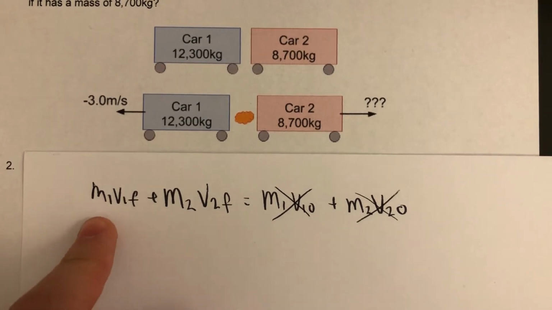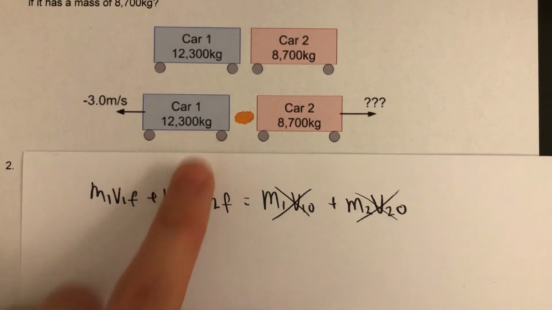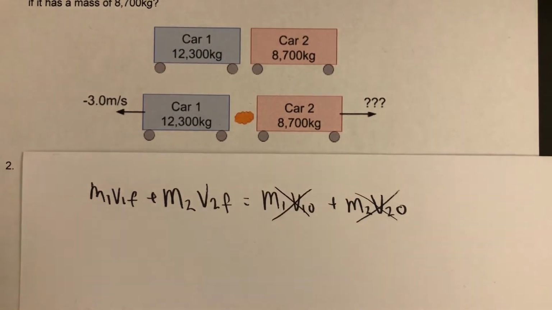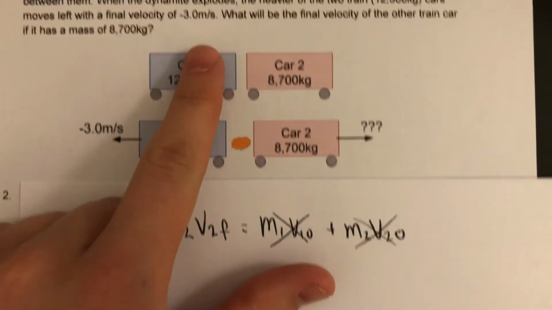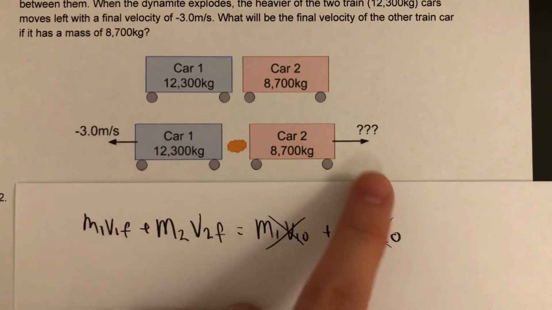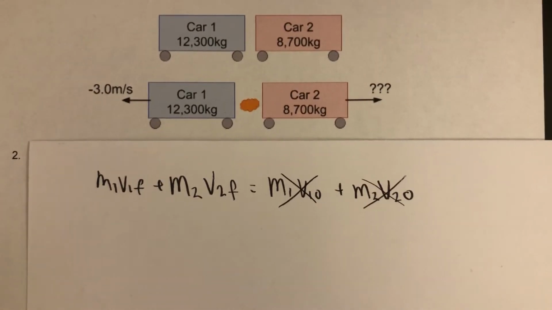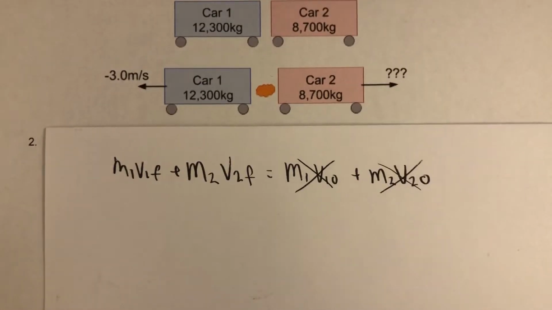So M1, it's written right here, is 12,300. M2 is 8,700. V1F is -3, it says up there and it says here, and we're trying to figure out V2F. So this is a pretty easy problem because of that cancellation. Let's plug it all in.